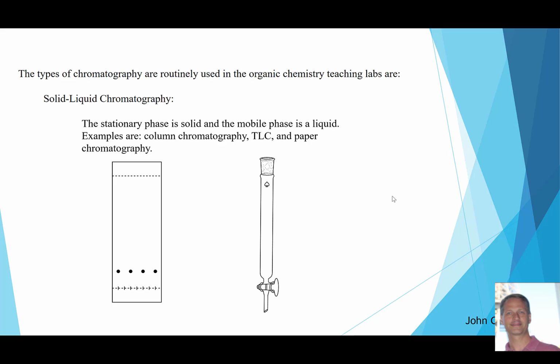In solid-liquid chromatography, the stationary phase is solid and the mobile phase is a liquid. Common examples are column chromatography, TLC, or thin layer chromatography, and paper chromatography. TLC is routinely used to determine purity, monitor reaction progress, and also to identify an unknown.